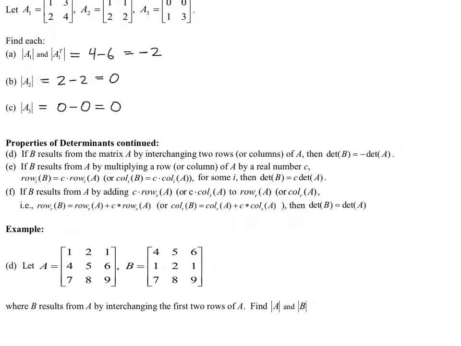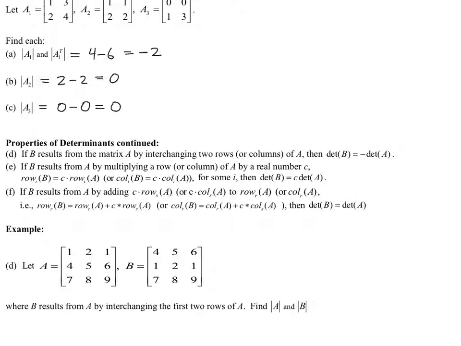We also have some other nice ones. It's similar to the anti-commutative property. If B results from the matrix A by interchanging 2 rows, then the determinant of B is equal to the negative determinant of A. So if you swap any rows or columns in matrix A, then what you're going to end up with is a negation of the determinant.